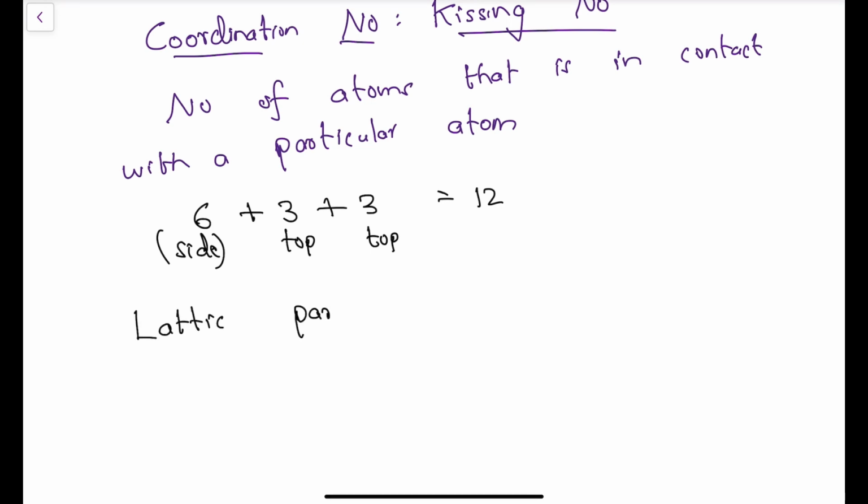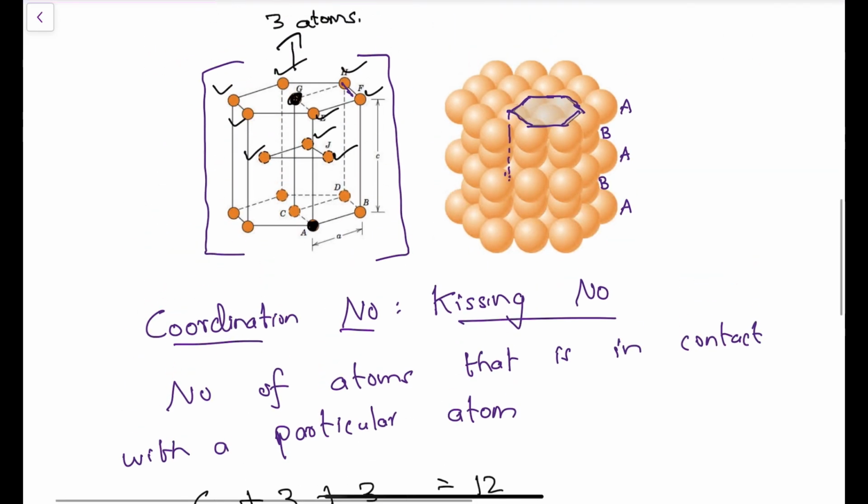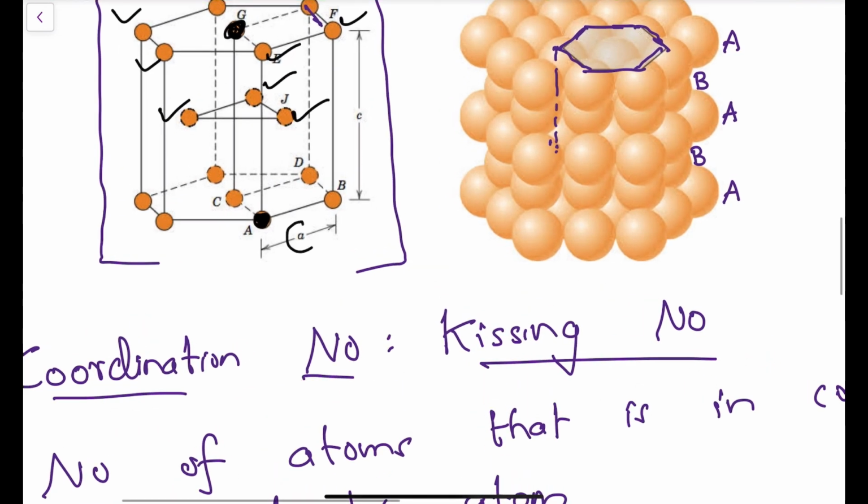The lattice parameters. So here the lattice parameters are, see, this one is A, and that is the side of the hexagon. We will take this as lattice parameter. And C, okay, C is the distance between the bottom A layer and the next A layer.